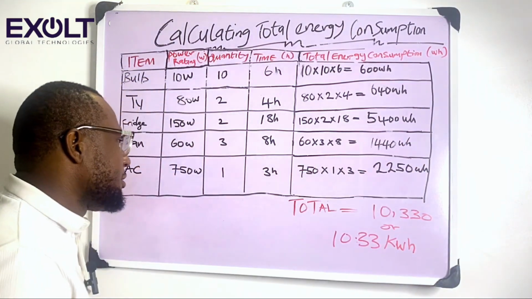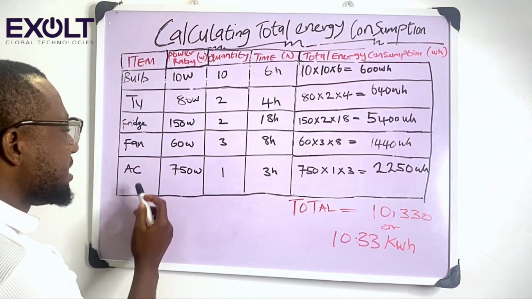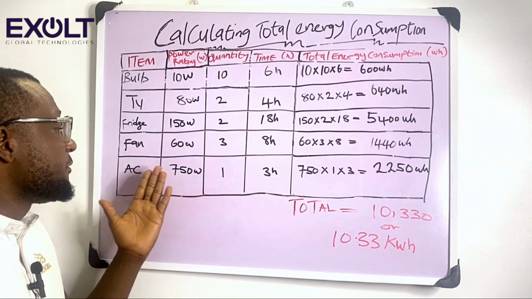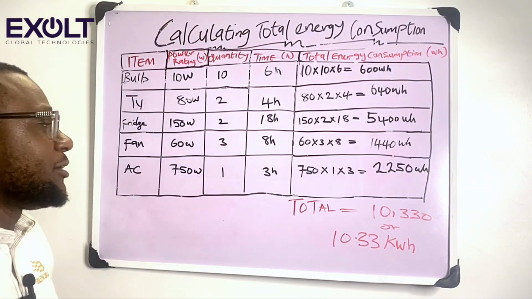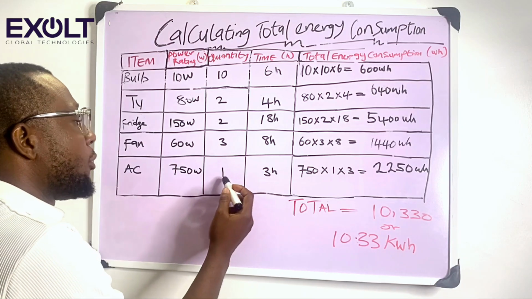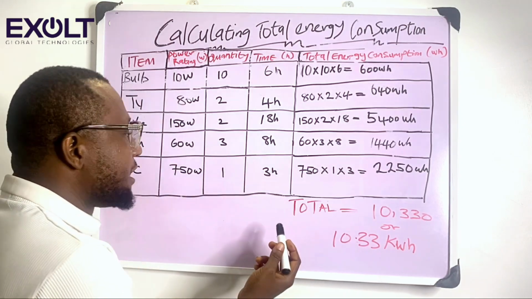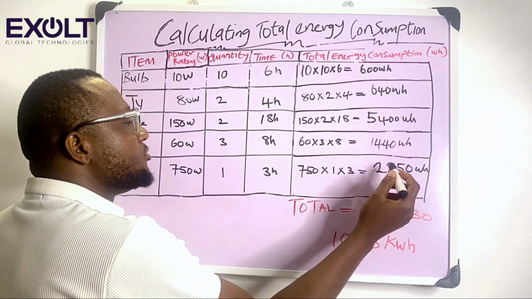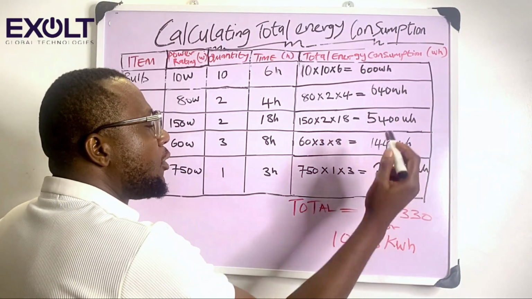1,440 watt hours. Finally, we also did the same with the air conditioner. The air conditioner is 750 watts, which is around 1 horsepower, multiplied by 1 unit, which is the same 750 watts, multiplied by 3 hours, which is 2,250 watt hours.